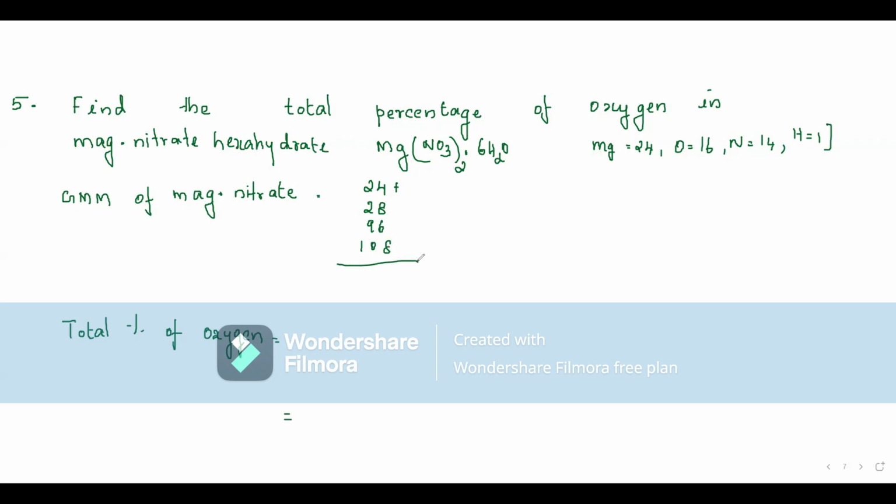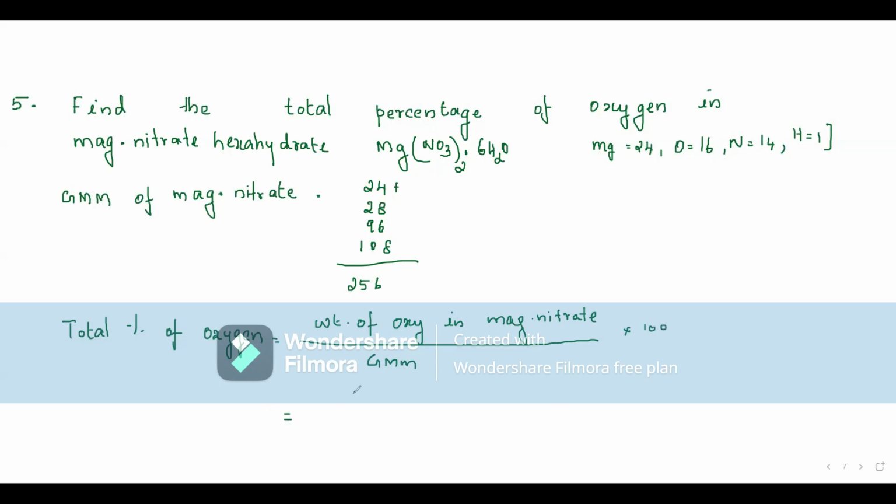So just add them together. 24 plus 28 plus 96 plus 108 is 256. Total percentage of oxygen is calculated as weight of oxygen in magnesium nitrate by GMM of magnesium nitrate into 100.